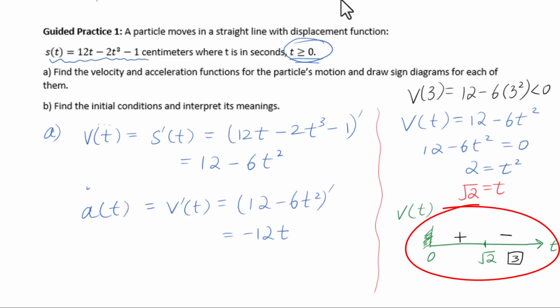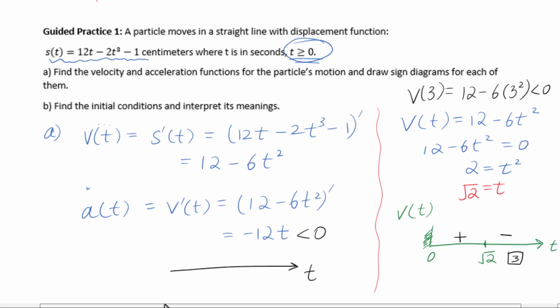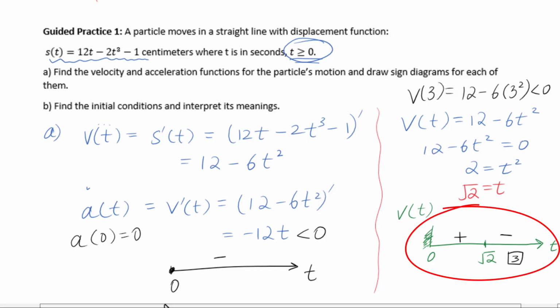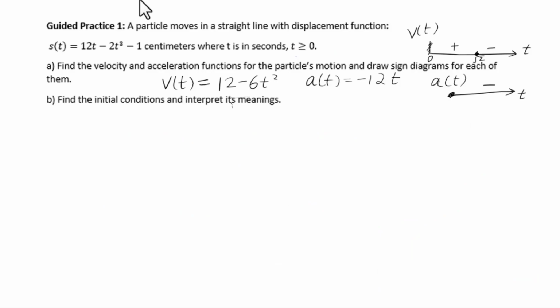For acceleration, since t is positive, negative 12t is always negative, and also a of 0 equals 0. This will be the sign diagram for acceleration.